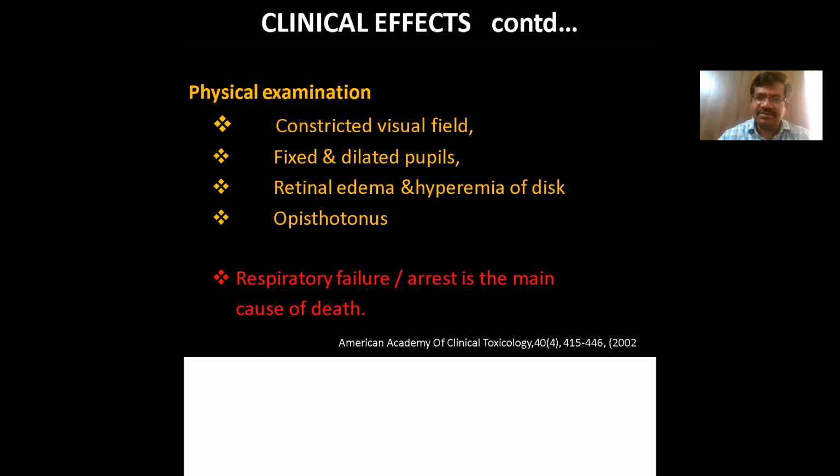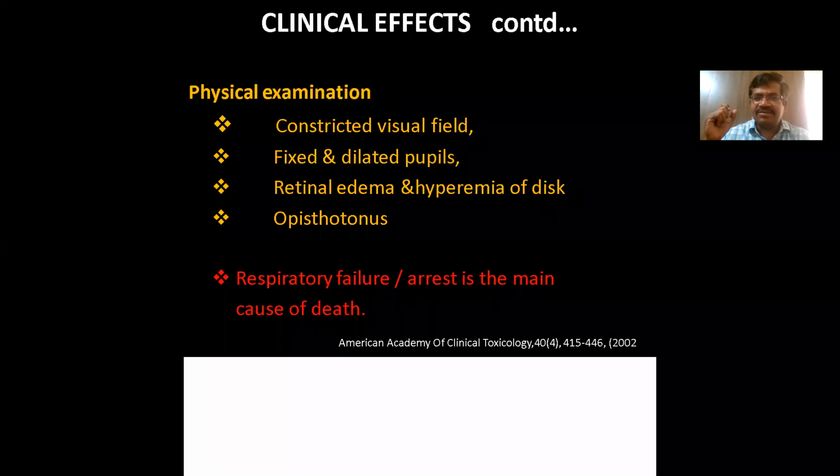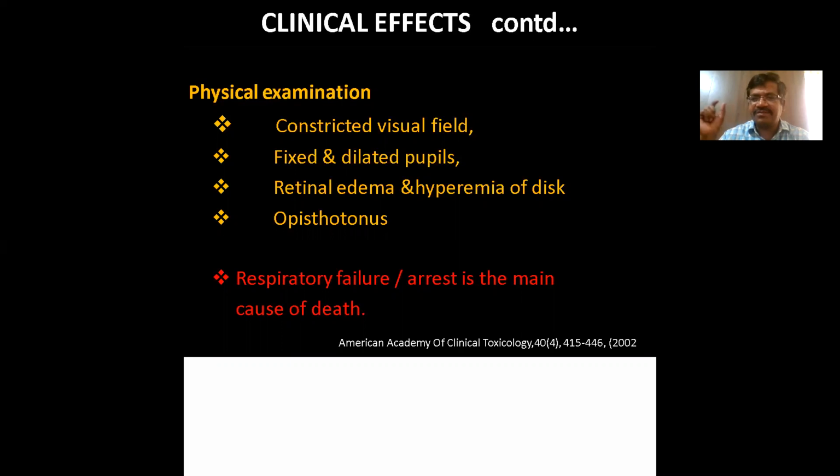You can see that in normal human eyes, if you shine a torch, the pupils constrict, and there will be a movement if you move the light. But in methanol toxicity, even if you shine a torch and move it over the eye, the pupils will be dilated, more open, and will not move to the reflex. They will be fixed. That's also one of the things we can examine in methanol toxicity.